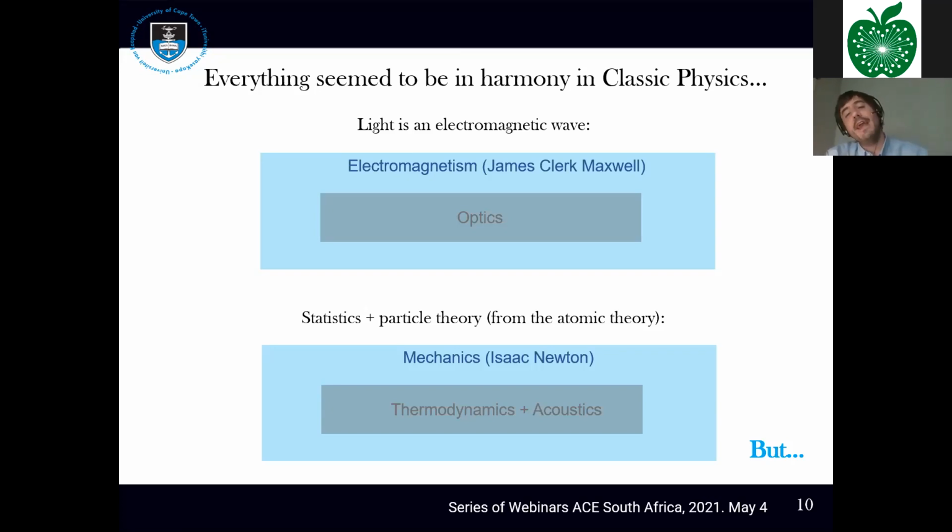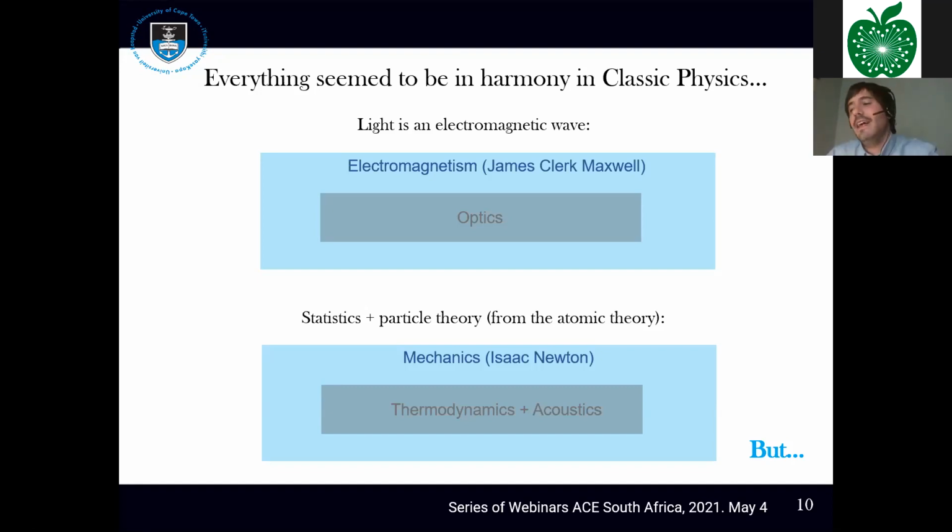Okay, good. And also, with the help of statistics and particle theory, what I mean by particle theory is just the idea that all our universe is made up of blocks that we call atoms. I'm not speaking about a modern particle theory of physics.